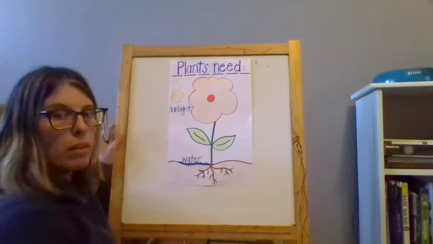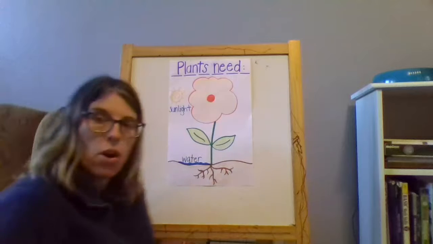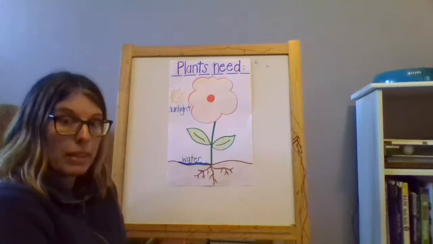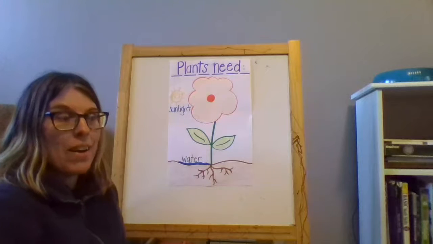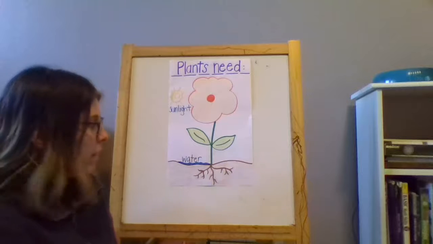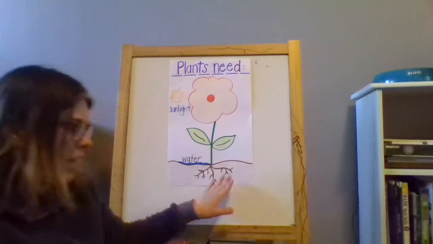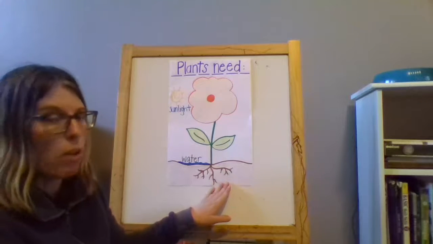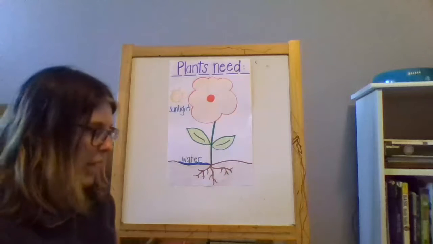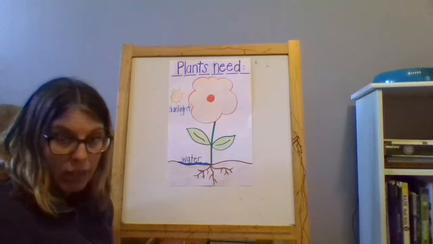Okay, the soil. Now, when we looked at all the different plants last week, we saw that there was lily pads. And lily pads are plants that grow in water, or water lilies, right? They grow in water. So did they need soil? They didn't need soil. Many plants need soil. And even more than the soil, what they need are the nutrients from the soil.